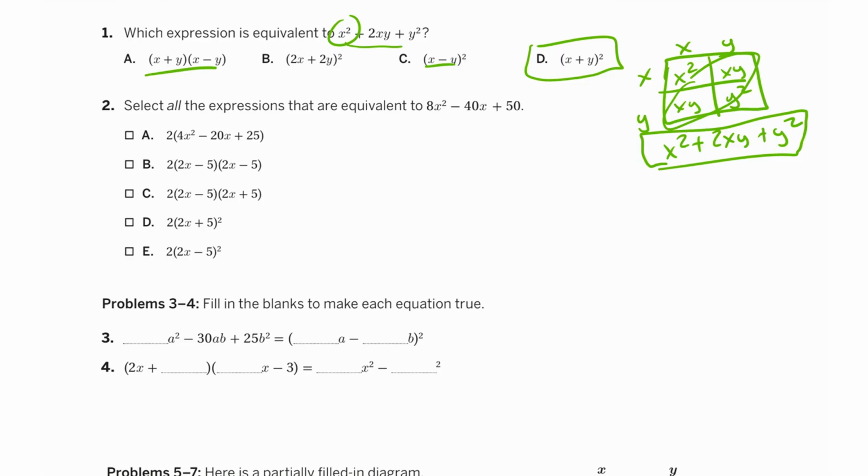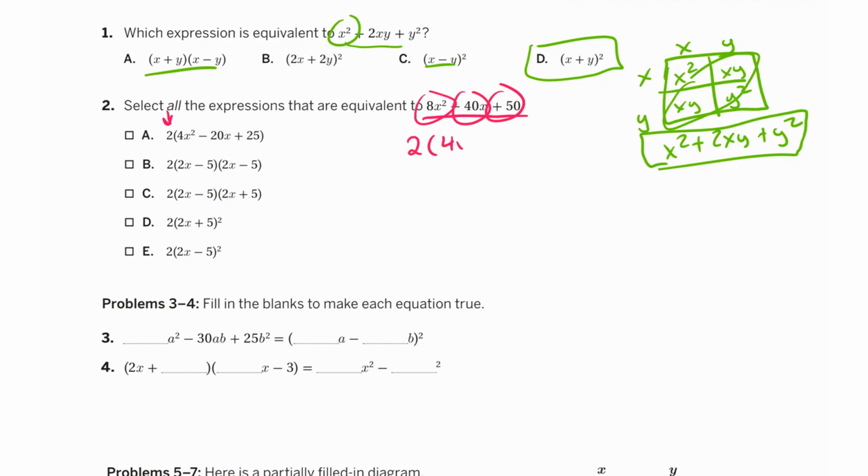For number 2, it asks us to select all the expressions that are equivalent to 8x squared minus 40x plus 50. Because it's a multiple choice problem, our first step is to use what we know about greatest common factors to pull out a 2. So I'm going to take each of these terms and divide each of them by 2.